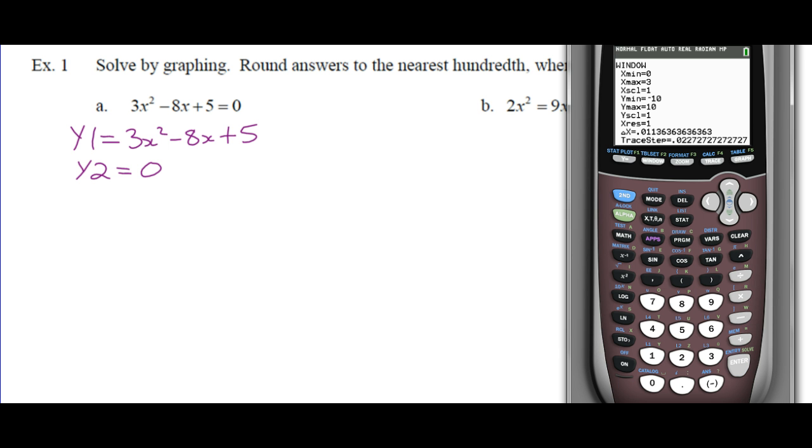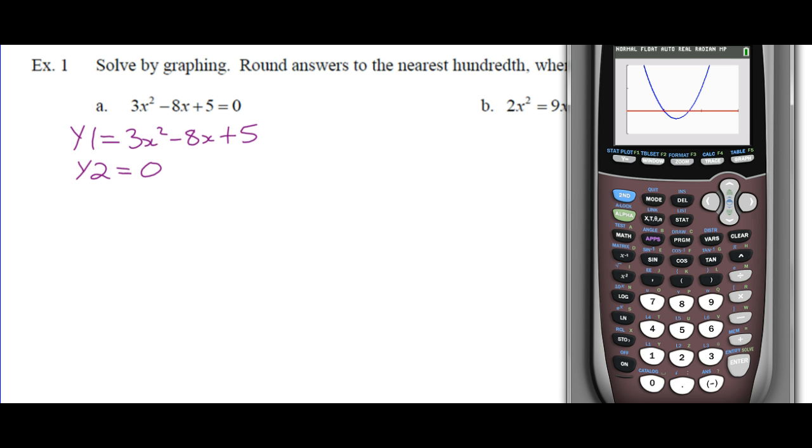I mean, it doesn't matter. Let's go from negative 1 to, oh, let's say 2. Negative 1 to 2. Also by 1s. And hit graph. And there we go. So, we got a little better view, right, of what's going on. We're a little tighter in.